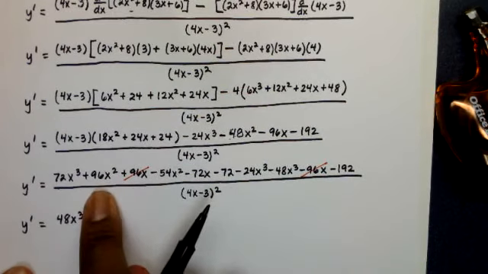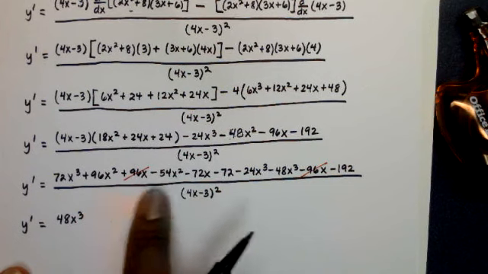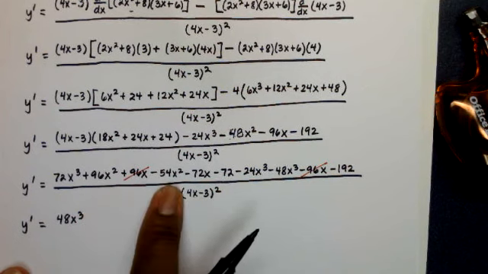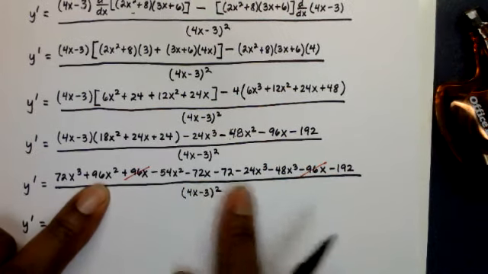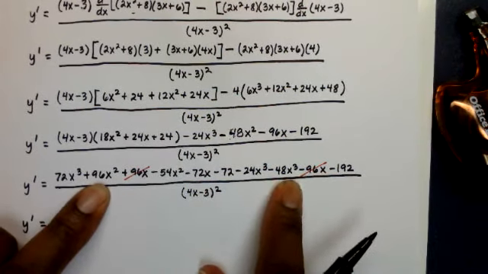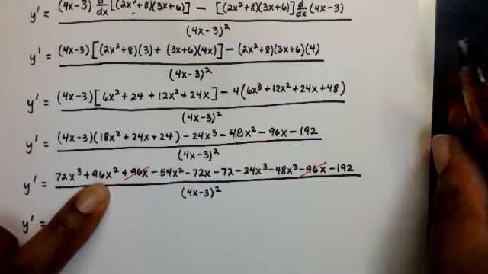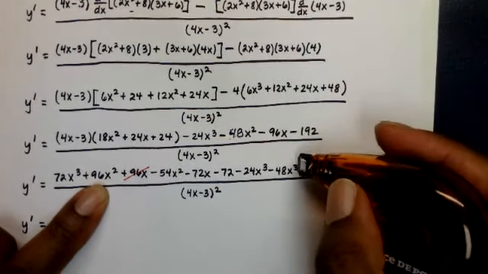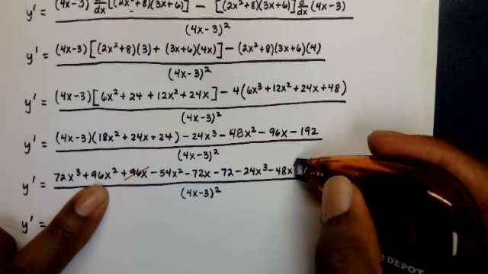Then 96x squared and minus 54x squared. And I'm missing something else. This should not be a 48x squared. That should be x cubed. That should be 48x squared.